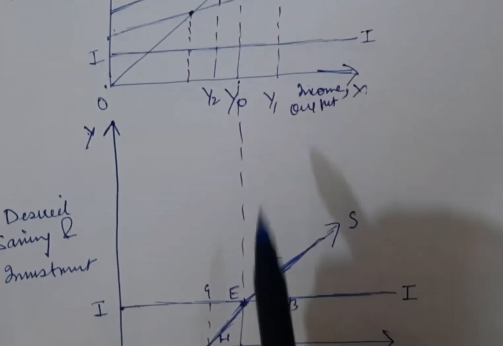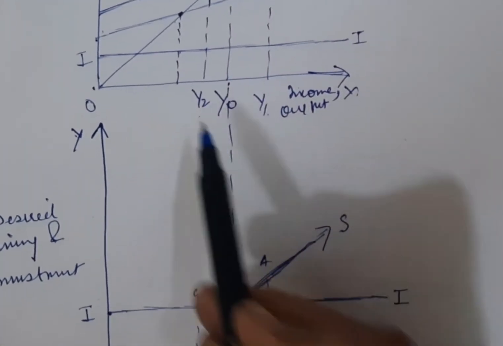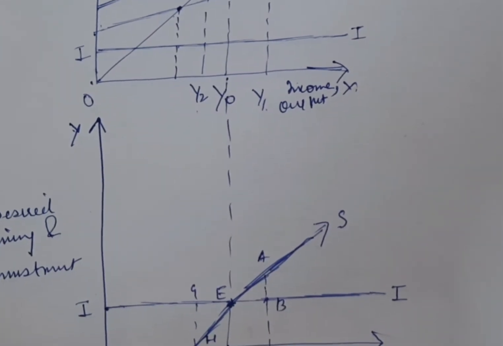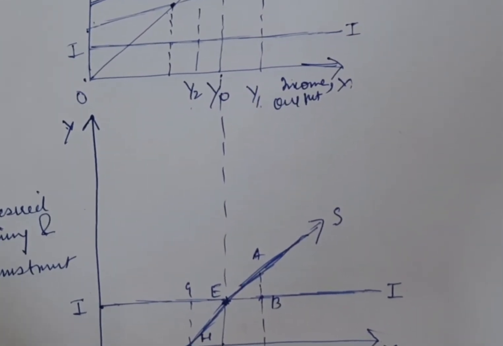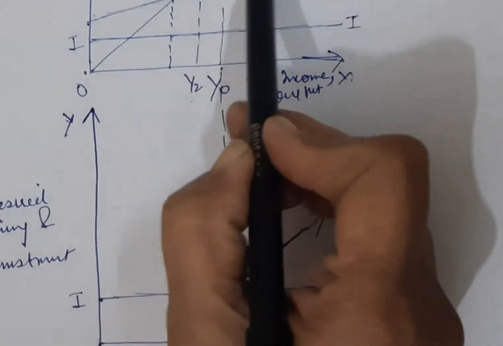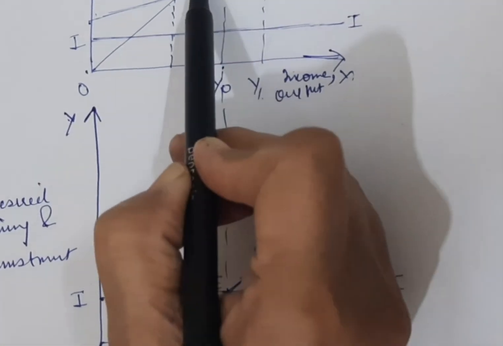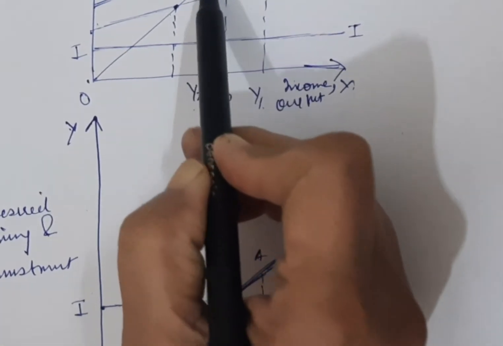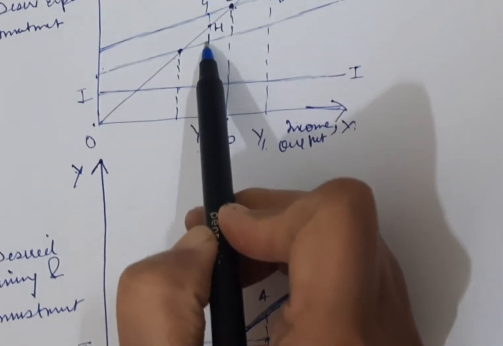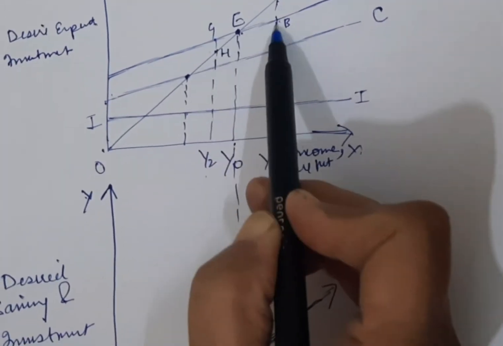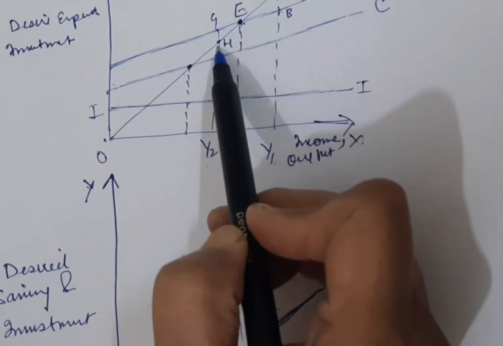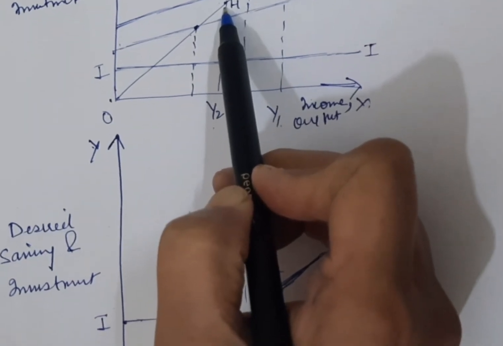At all other levels of income, whether OY1 or OY2, desired aggregate demand is not equal to desired aggregate supply. That is what you can see over here: a gap of AB amount here and a gap of GH amount here.